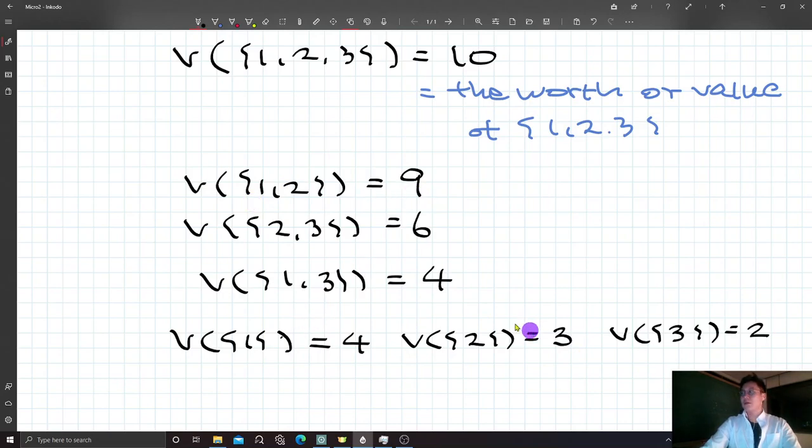So 1 and 2 clearly have an incentive to cooperate. Likewise 2 and 3. And 1 and 3, if they make a team, will be worse off, so they have no incentive to cooperate. The study of cooperative incentive is the main objective of cooperative game theory.